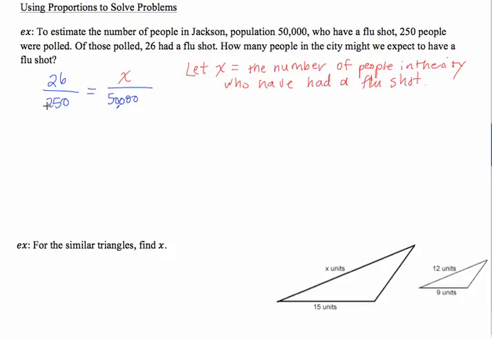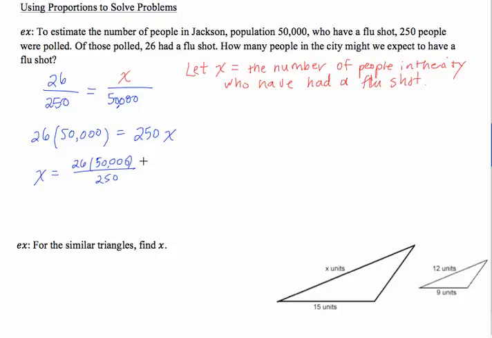Okay, now that we've defined x, now we can solve. Notice we have two numbers in the denominators, so when I multiply both sides by those numbers, in other words, cross multiply, I'm not multiplying by any variables, so I don't need to check my answer. Okay, now to solve this for x, all we need to do is divide both sides by 250. So I get x is 26 times 50,000 all over 250.